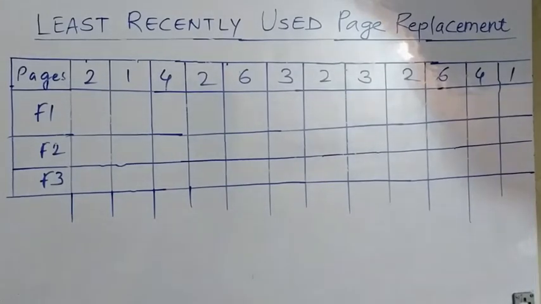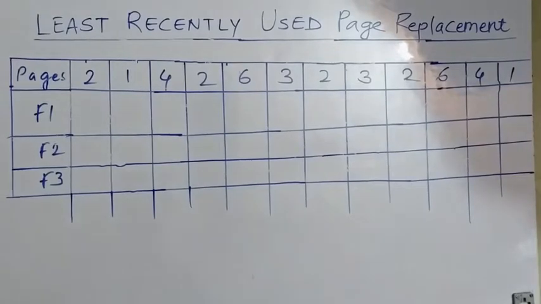From the secondary memory we take the data into the main memory, and in the least recently used algorithm, we will consider the pages from right to left hand side. How will we do it? Let us solve it with the help of a numerical.